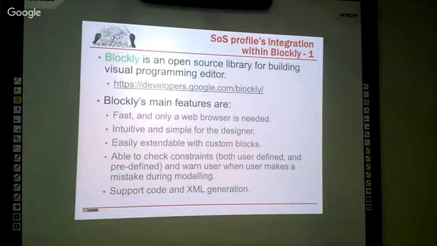You can check constraints, user-defined and predefined, and warn the user when the user makes a mistake during modeling, so it guides and helps in building correct models, and it supports XML generation. Once you have described something in Blockly, you can push a button and you have the XML representation of what you did. So, why not? Okay.